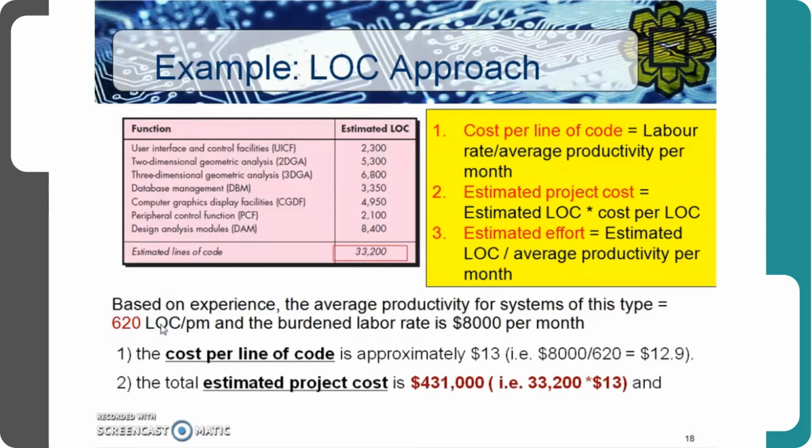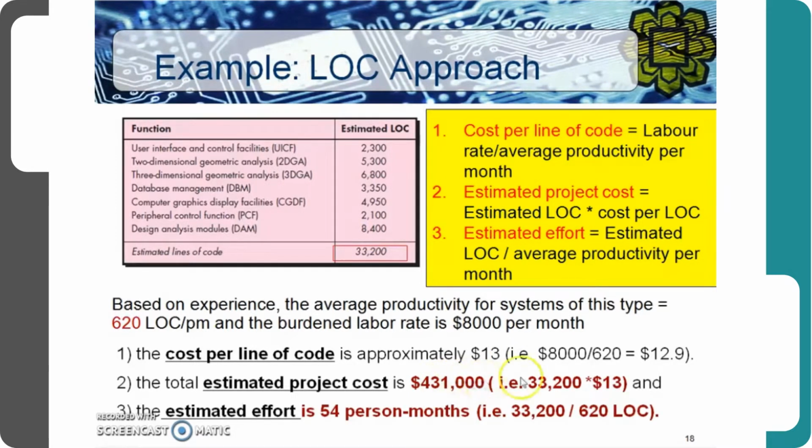The second one is that we calculate the estimated project cost, which is the estimated lines of code multiplied by the cost per line of code. We know that the cost per line of code is $13. So we multiply it by 33,200 from the estimated lines of code, and we get 431,000.